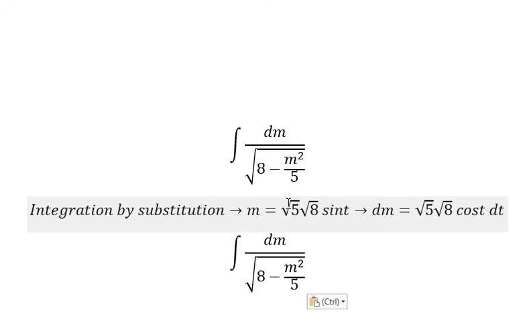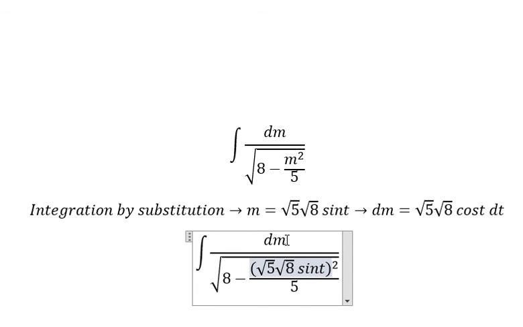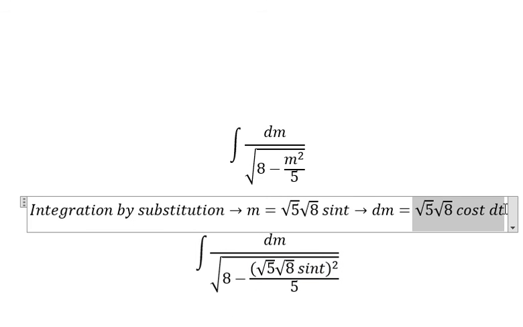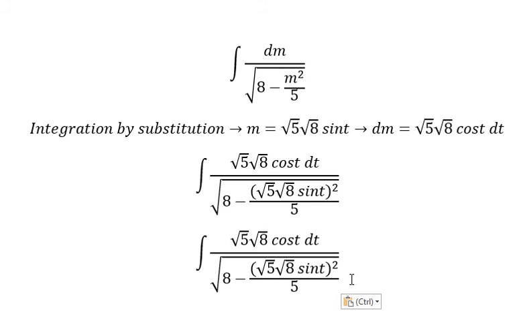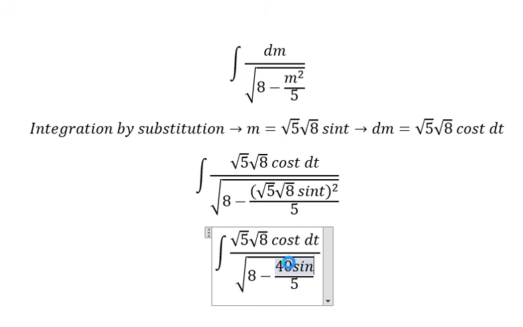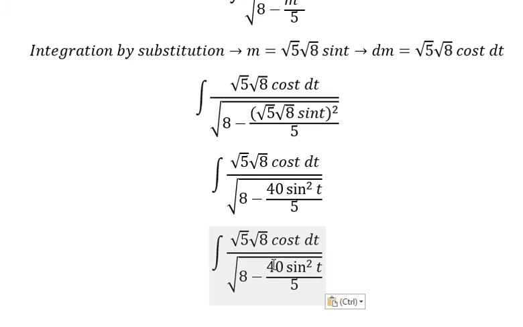So we put this one in here, and dm we change for this one, and this one you get 40 sine t square. 40 divided by 5, you get 8.